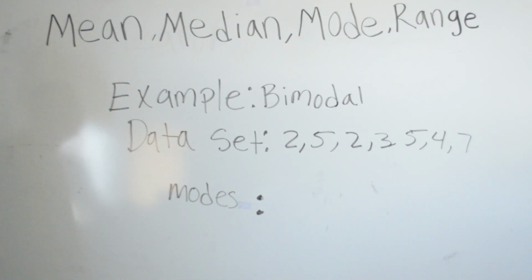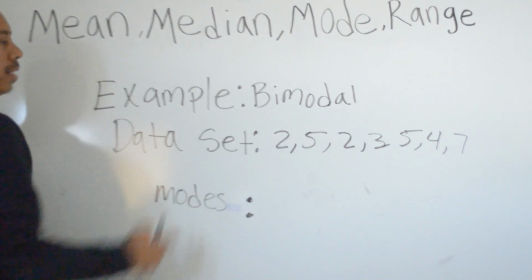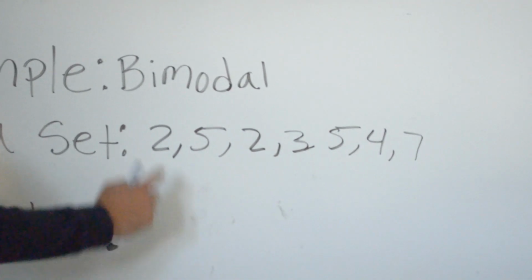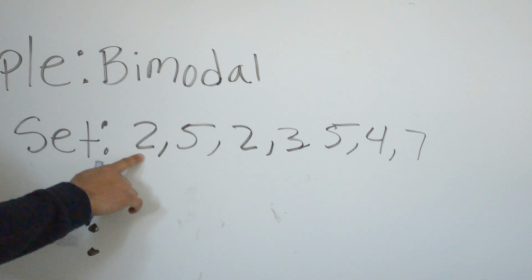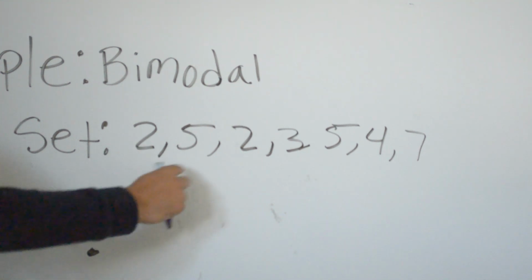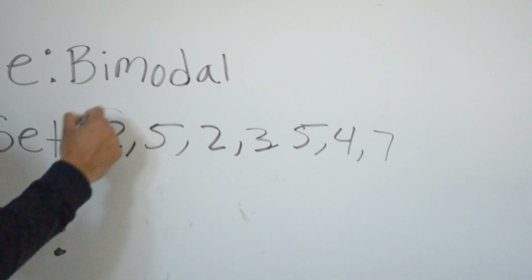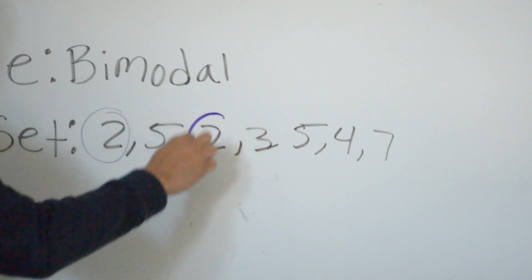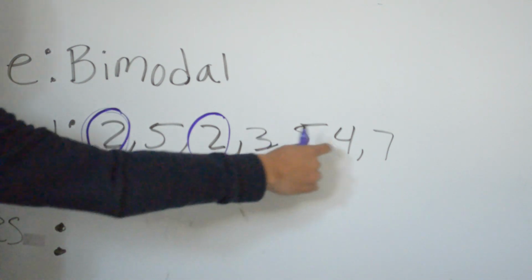We are still talking about the mode, but this one is bimodal, meaning there is more than one mode in this problem. We're going to look at the data set again and do it the same way. We'll look at 2, and we're going to find if there's any other number that's the same as 2. We'll look at 5, no. Oh, we found one other 2, so we're going to circle it. And we continue to look if there's another 2 in here.